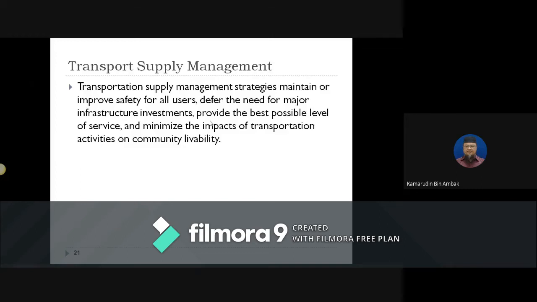Okay, we are back to transport supply management (TSM). The TSM strategy is to maintain or improve safety for all users. It needs major infrastructure investments, provides the best possible level of service, and minimizes the impact of transportation activities on community liability.